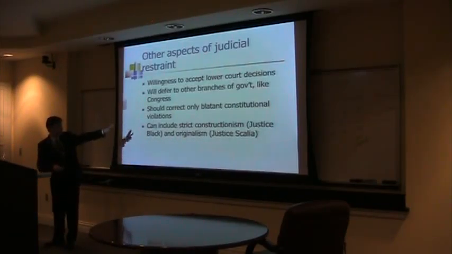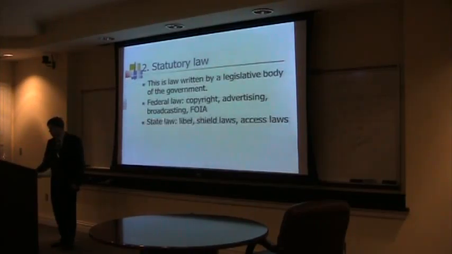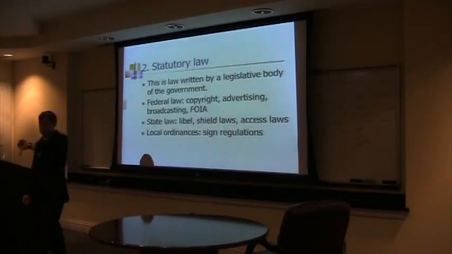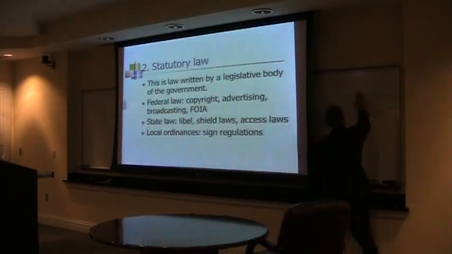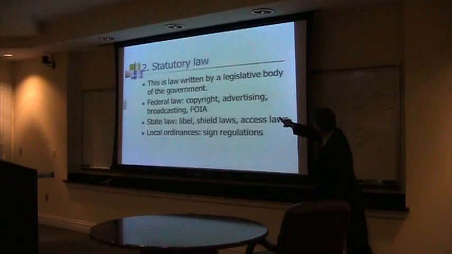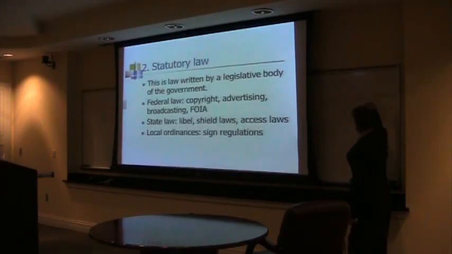And again, just some note-taking about what judicial restraint is. We said statutory law is written by legislative bodies. So we're in this realm right here. And just to give examples of things we'll talk about, copyright law. Why is copyright law in this realm? I'm in the statutory realm at the federal level.